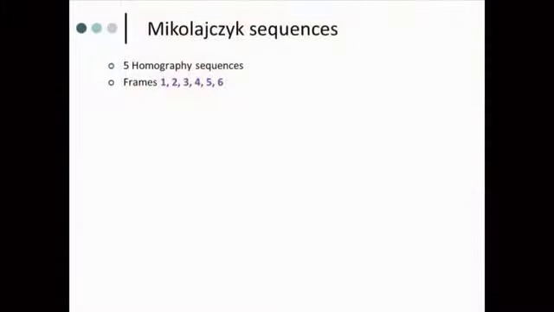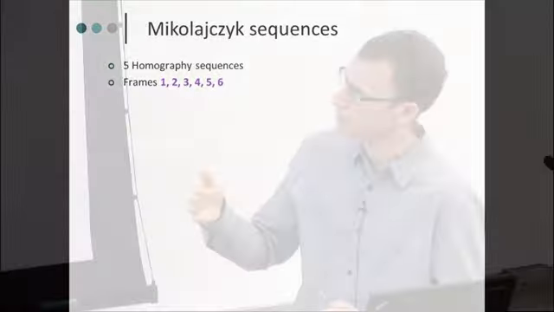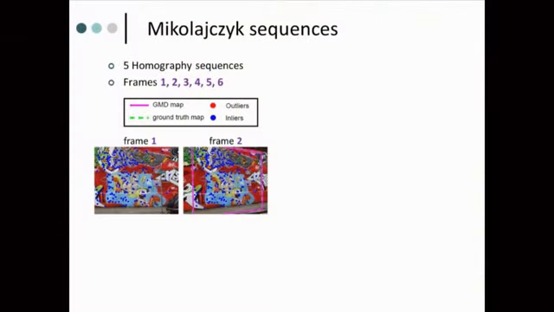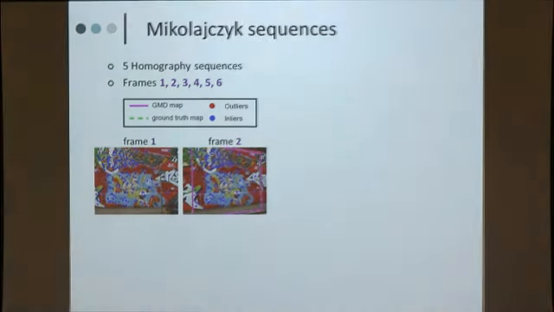So the more interesting data set, I think, is the Mikolajczyk one, because you have these 5 homography sequences. Each sequence has frames 1 to 6, and you can see when the difficulty increases, where the methods still work, till what stage they still work. This, for example, is from one of the sequences, frames 1 and 2.